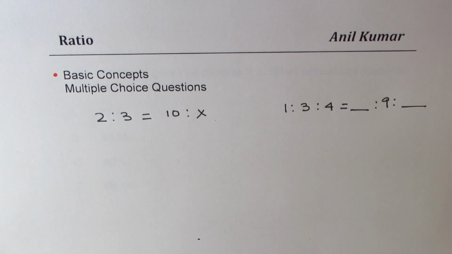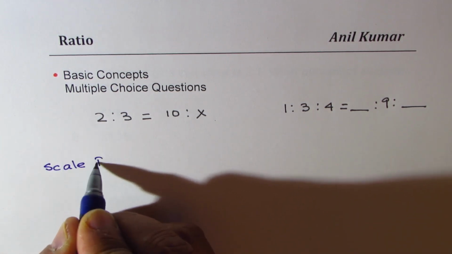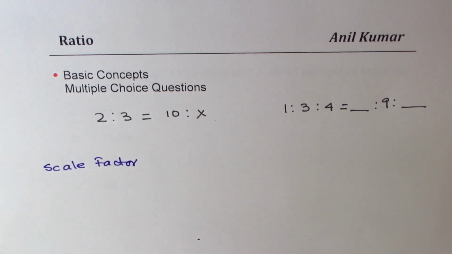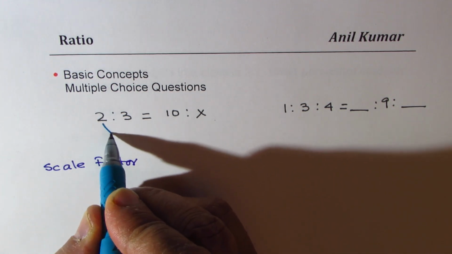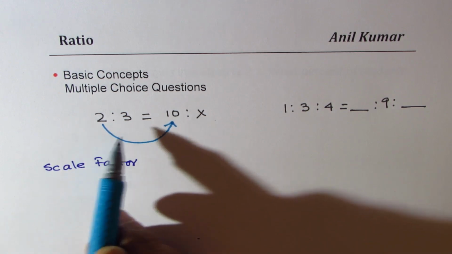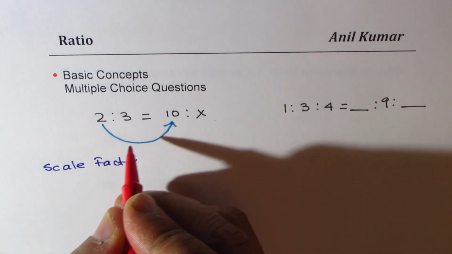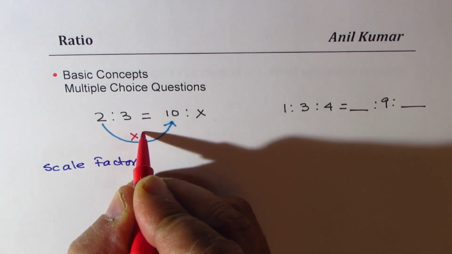Now, in every ratio, we have a scale factor. That is very important to understand. In this example, what you notice here is that 2 to 5 is the corresponding position, right? So it is something which is times 5, correct? So here the scale factor is 5.